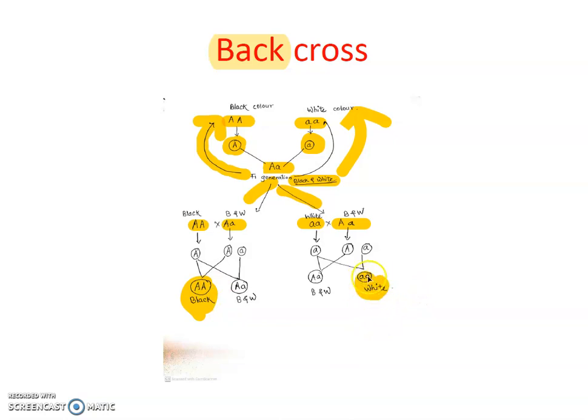So if we have to attain purity, that time back crosses take place. To maintain the purity, back crosses take place. Back cross is not a testing. Back cross is carried out in horticulture to maintain high yield varieties. So this is the back cross.